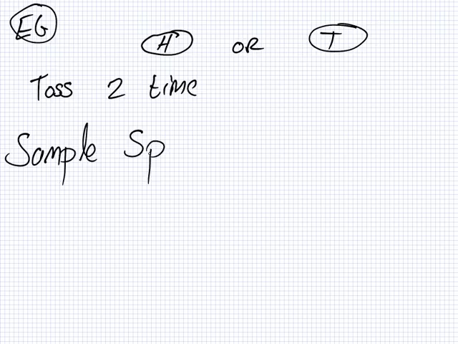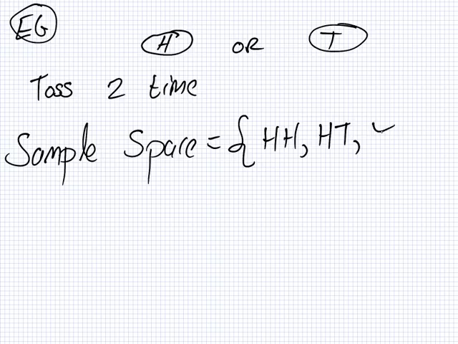So the sample space would be all the possible outcomes. So you could get a heads followed by heads, and then H and T, but then it could be the other way, T and H, and then the final possibility is you get T and T. So this is our first simple question. The question was give the sample space for this problem.